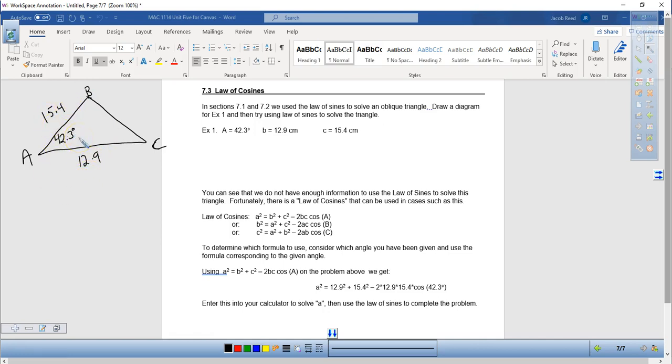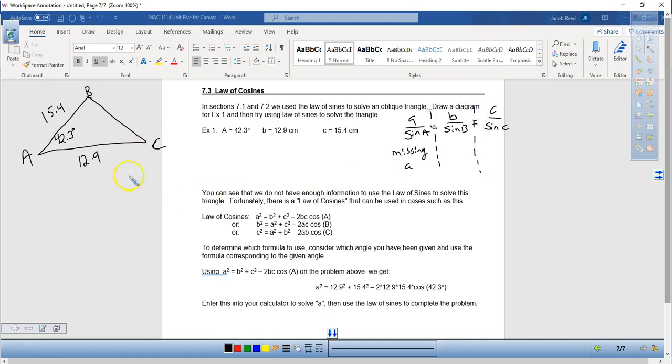And then we also try to see if we can use law of sines. We would need two sets of information. Remember, that is little a over sine of A equals little b over sine of B, which is also equal to little c over sine of big C. Well, looking at this particular case, if I wanted to use A, I am missing a little a, which is fine as long as I have all the information for another set.